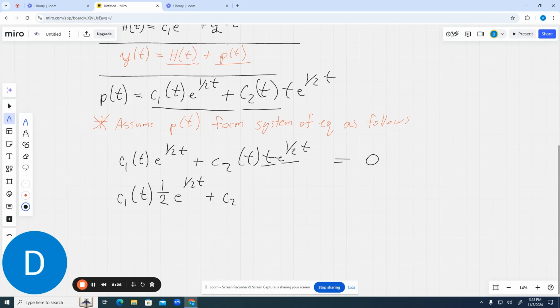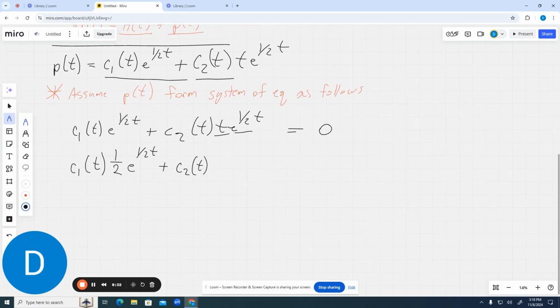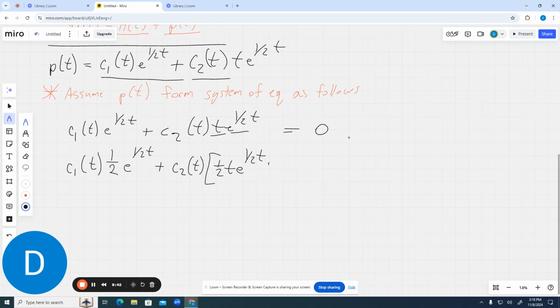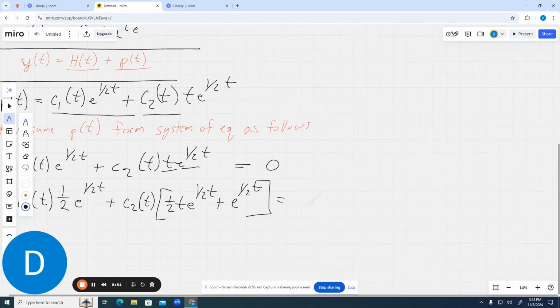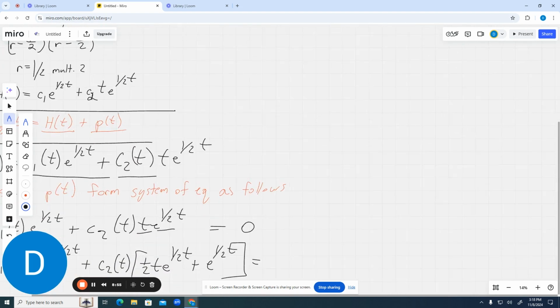I'm just going to go ahead and write it real quick for us. And if you want to do the work, you can, but just trust me here. The derivative of t e to the 1/2 t is just 1/2 t e to the 1/2 t plus e to the 1/2 t. And this is all equal to our n, which is t to the 1/4.